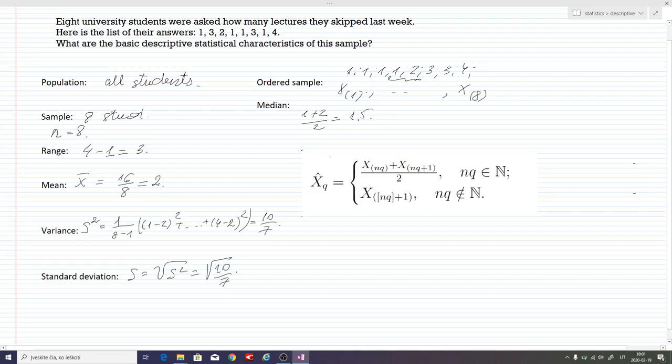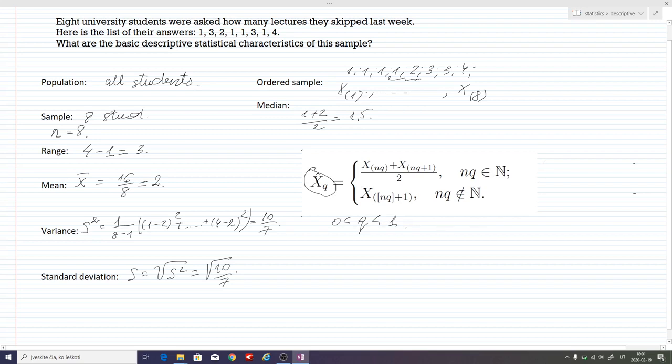To obtain the empirical quantile of the sample, we can use the formula that you can see on the screen now. X hat in this formula is the empirical quantile, where q is the quantile level, which can range from 0 to 1.